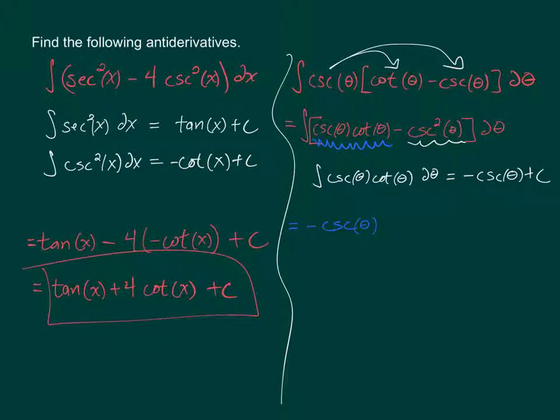That should give us minus a negative cotangent theta, all plus c. So the final answer over here, after simplifying, subtracting a negative, will end up being negative cosecant theta plus cotangent theta plus c.